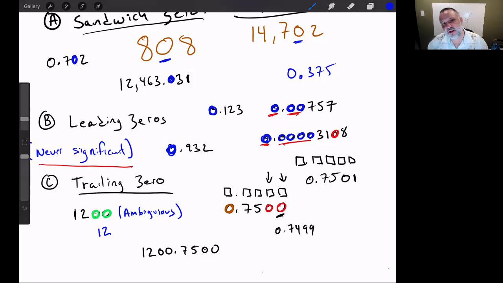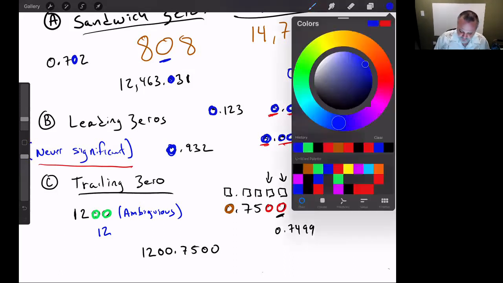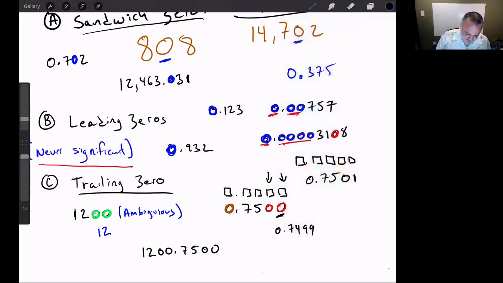The truth of the matter is we don't know unless the author does something to represent whether or not those zeros are significant. So what are some things the author could have done to represent these digits as significant? To say that the measuring device actually knows that it's 1200 and not 1199 or 1201.